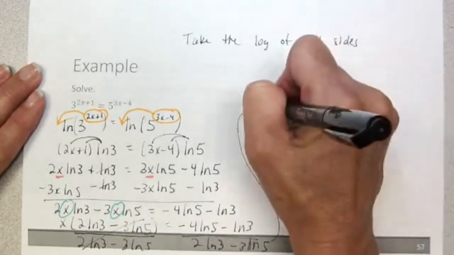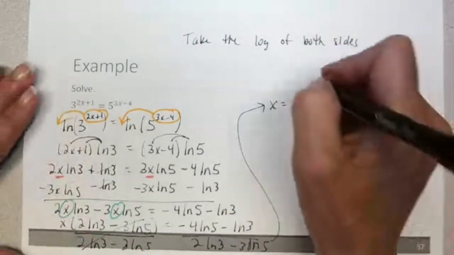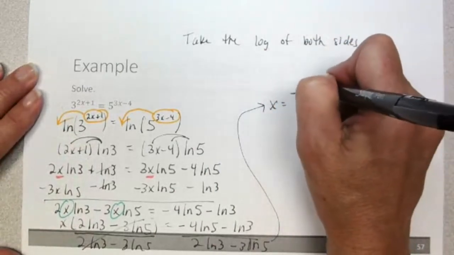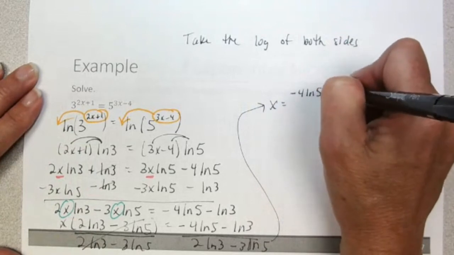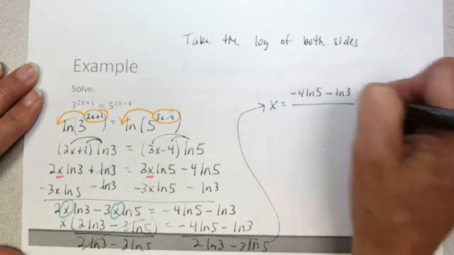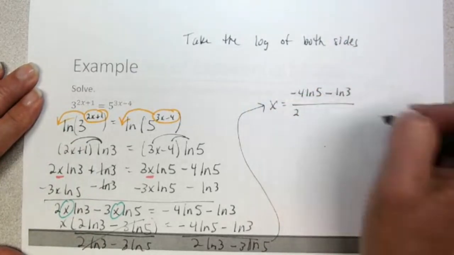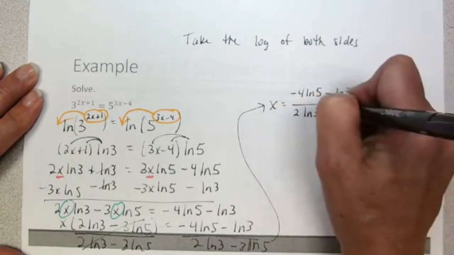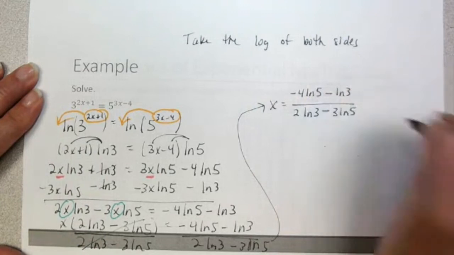So here's what I'm left with. X then is equal to, here's our exact answer, negative 4 times the natural log of 5 minus the natural log of 3 divided by 2 times the natural log of 3 minus 3 times the natural log of 5.